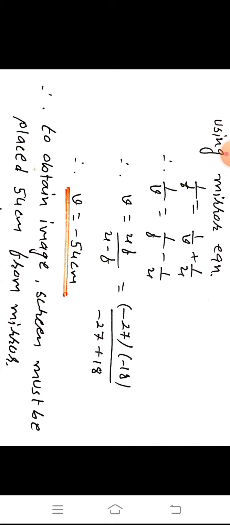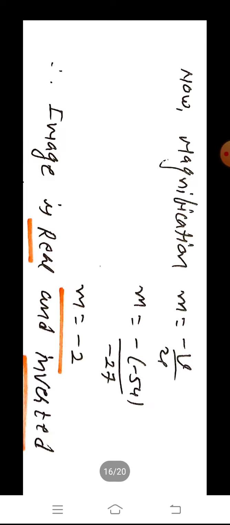That we can also decide from magnification. The magnification formula is m is equal to minus v by u. v we got as minus 54, u is given as minus 27. That's why magnification is minus 2. The negative sign of the magnification tells us the image is real and inverted, which is at 54 centimeter from the mirror.